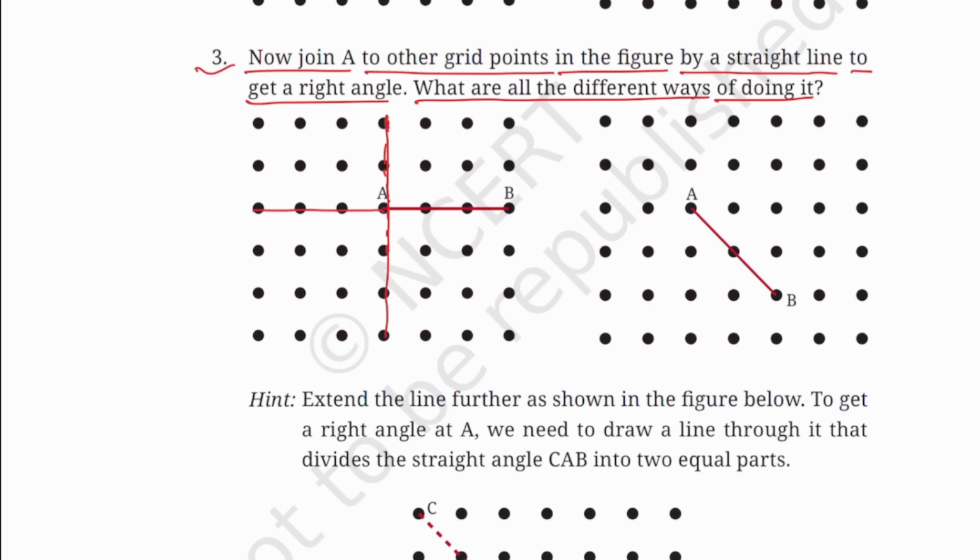Like this you will get 1, 2, 3, 4, 4 right angles at A. Similarly, you can join these points and make 1, 2, 3 and 4 right angles at A.